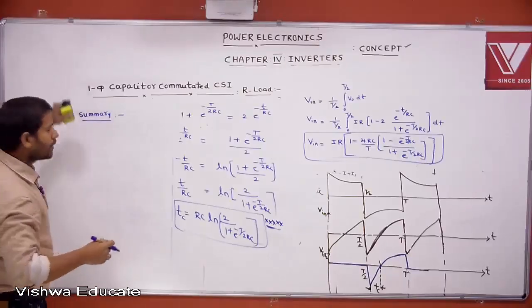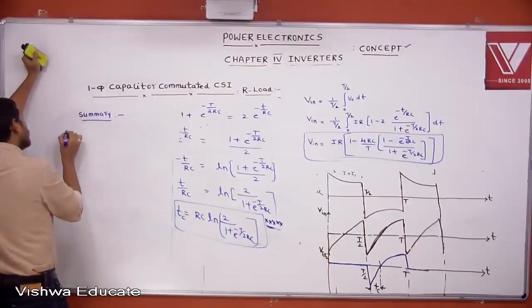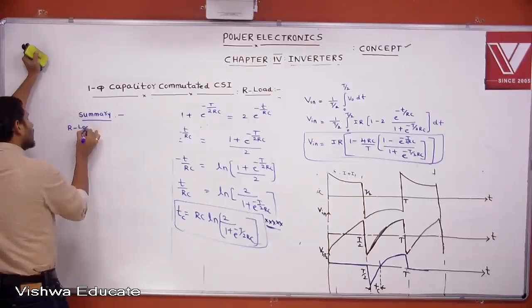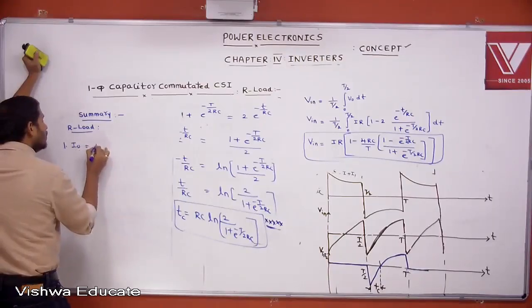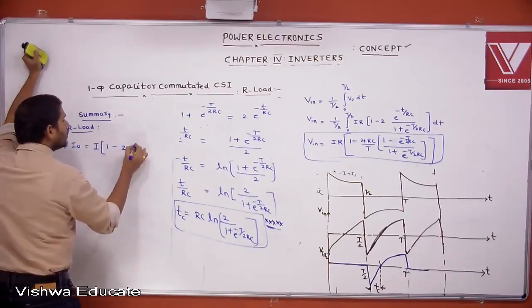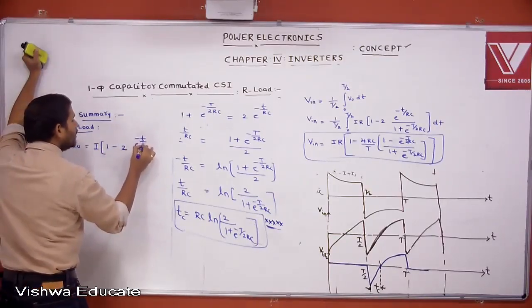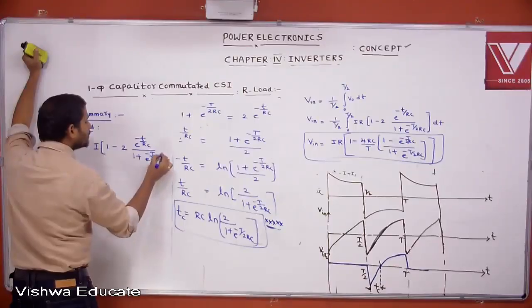What is there in a capacitor commutated current source inverter? Capacitor commutated current source inverter for R load. We are connecting an R load. The expression for I naught equals I into (1 minus 2 into e power minus t by RC by 1 plus e power minus t by 2 RC).